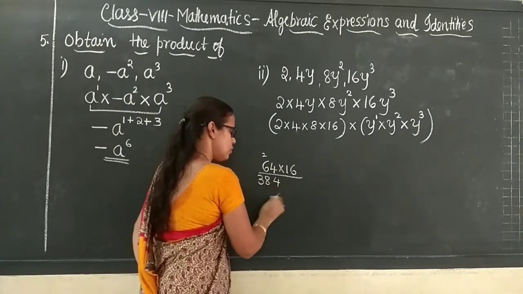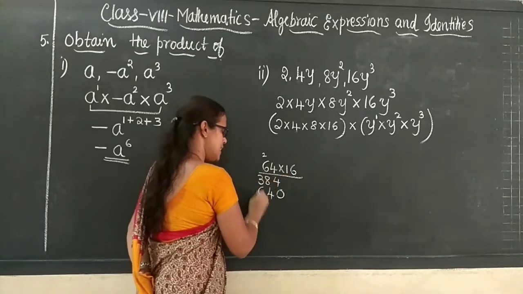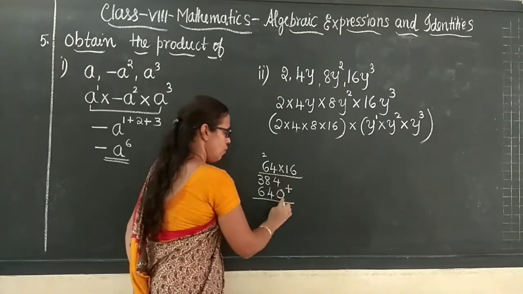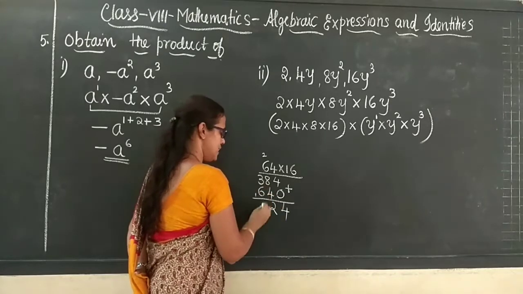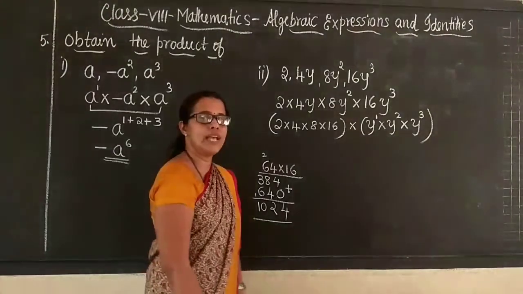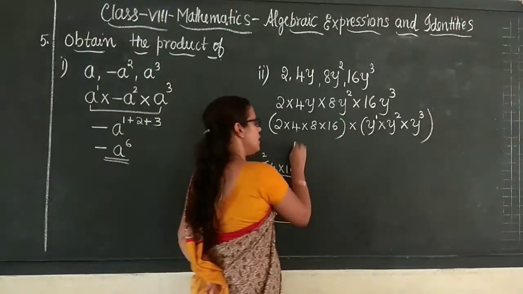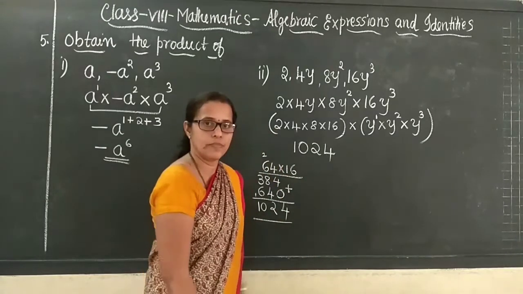Then second place: 1 4 is 4, 1 6 is 6. Now add it all. 4 plus 0 is 4, 8 plus 4 is 12, 6 plus 3 is 9, plus 1 is 10. So what is the answer? 1024. 1024 is the answer. Got it?